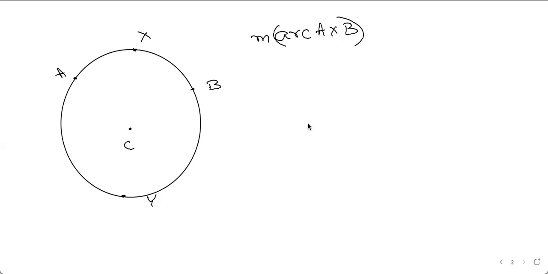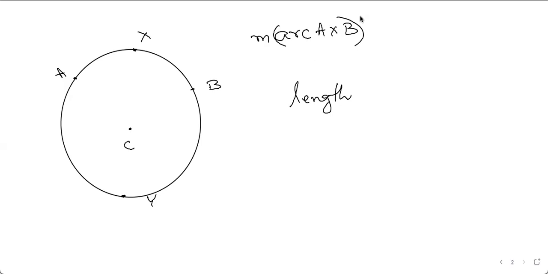One way is just to take the length of the arc. So what we can do is take a thread and place it over A to B. And then we will cut that string, straighten it out, put it on a scale and measure how long it is.